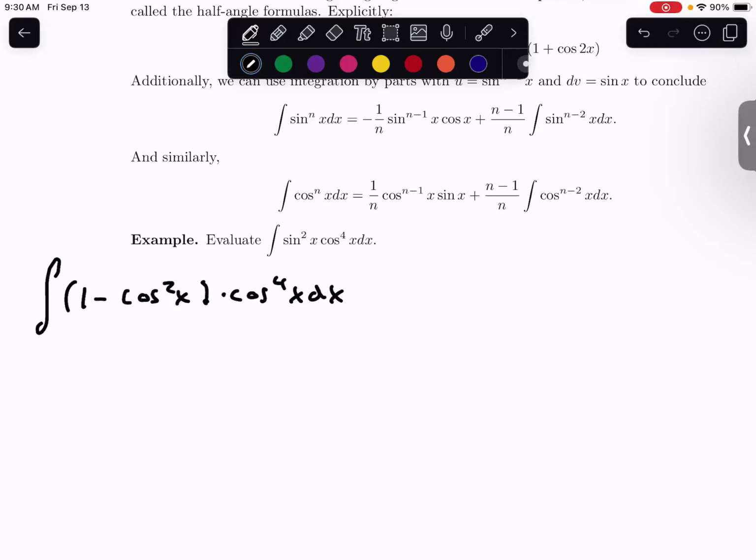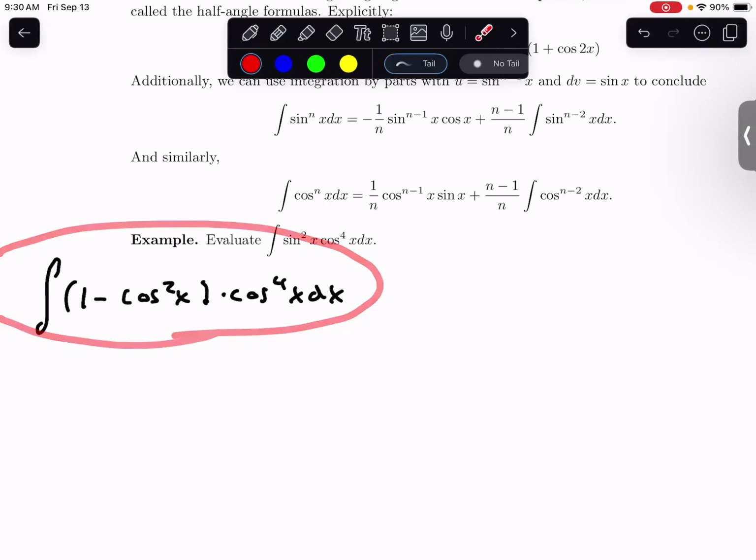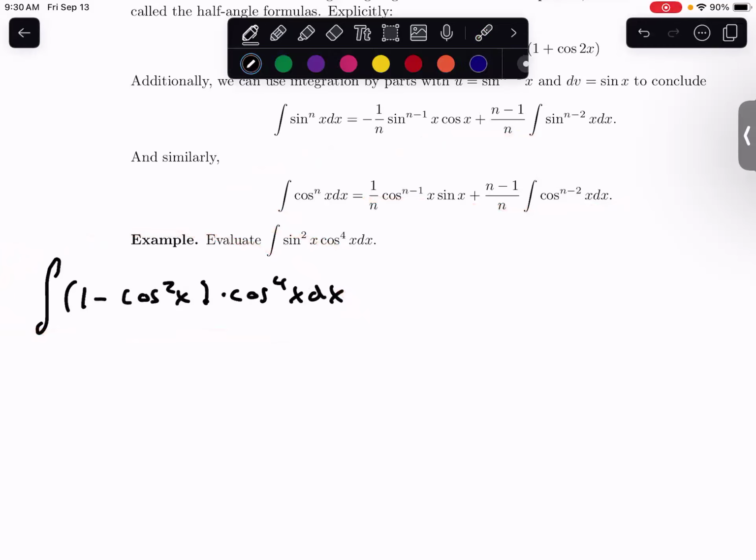The reason why I'm doing this is after you multiply everything through, everything is going to be in terms of a power of cosine, and then you can apply this reduction formula. And so this is going to be the same thing as the integral of cosine to the 4th power of x minus cosine to the 6th power of x dx.